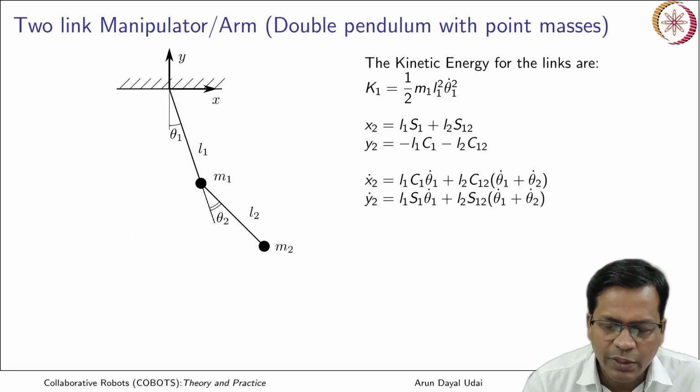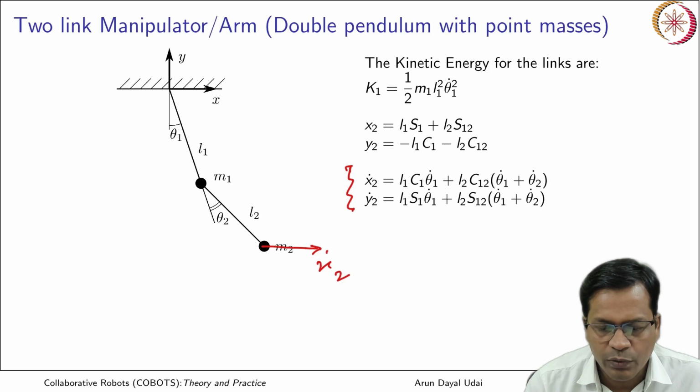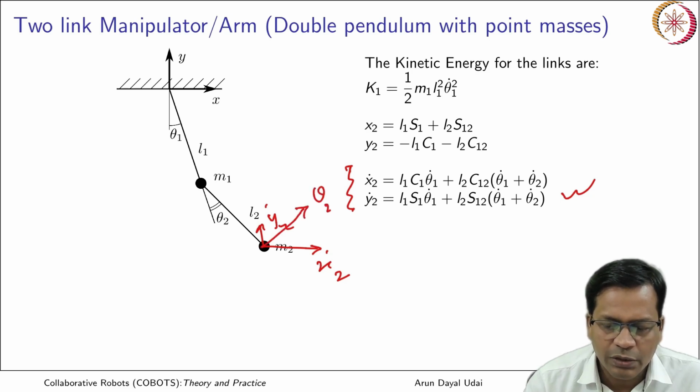Taking the derivative of this, I get the velocities along x and y, x2 dot and y2 dot. Squaring and summing would give me the resultant velocity v2 due to x2 dot and y2 dot.